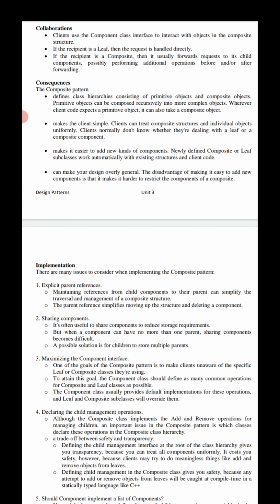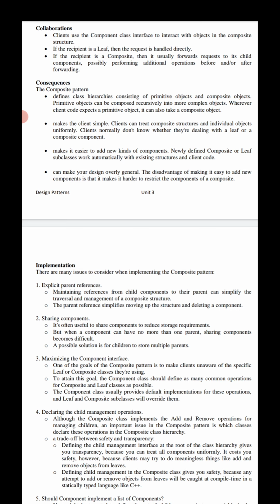Primitive objects can be composed recursively into more complex objects, which in turn can be composed, and so on recursively. Whenever the client code expects a primitive object, it can also take a composite object.